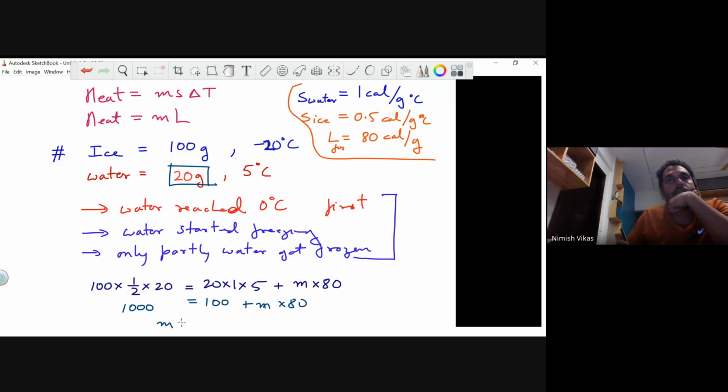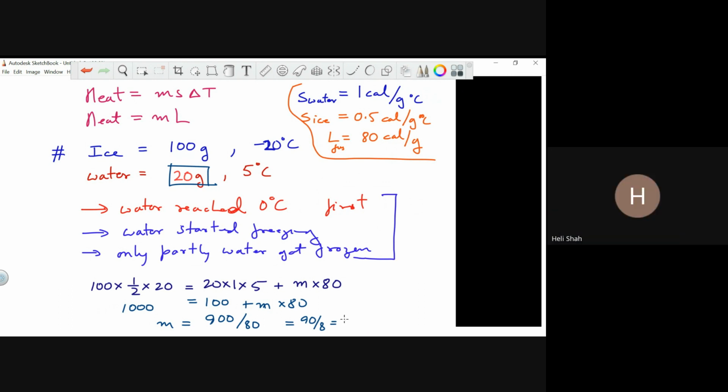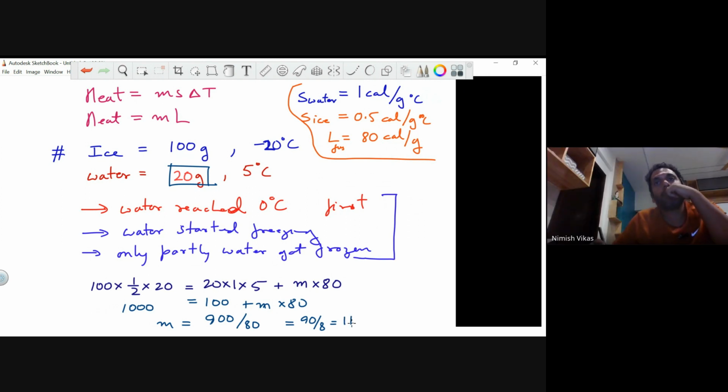So my M is 900 worth of calories. In my storyline also, 900 worth it could have taken. 900 by 80. Is that clear? So 90 by 8. So how much is that? 11.2. Yeah, it is 11 and then a 2 by 8. 0.25, no?